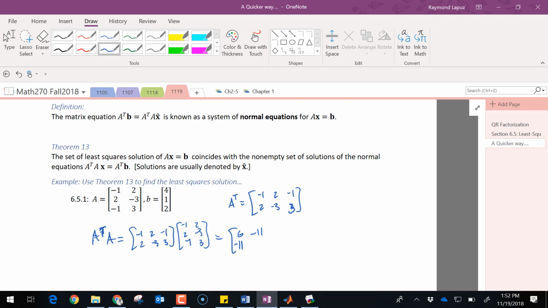So that's 2, that's 4, plus 9, plus 9. Is that 9? 9 plus 9 is 18, plus 4 is 22. So that's my matrix.